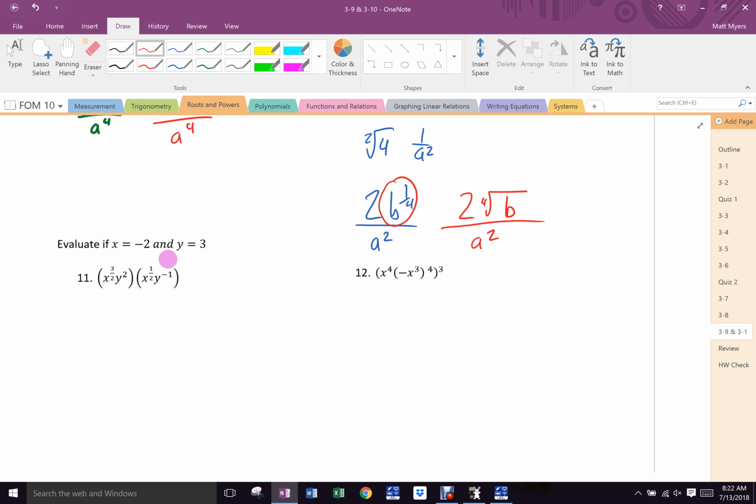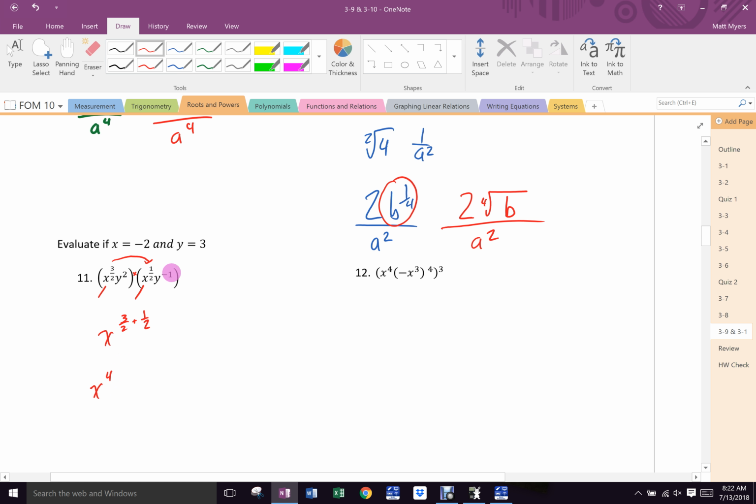Every chance you get, what do I say you should do? Simplify. Does this simplify? Yeah, it does, because I have x and x. What do I do with those exponents when I'm multiplying? So now I have x to the 3/2 plus 1/2. What's 3/2 plus 1/2? X to the 4th.